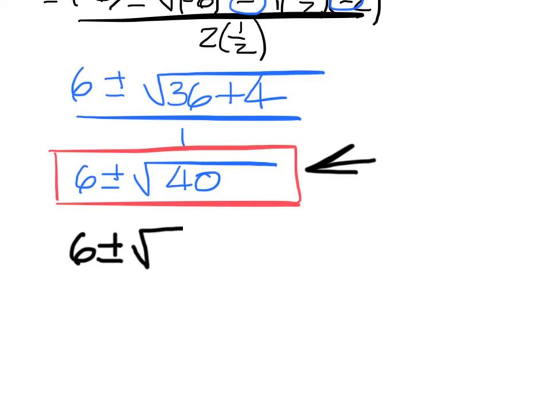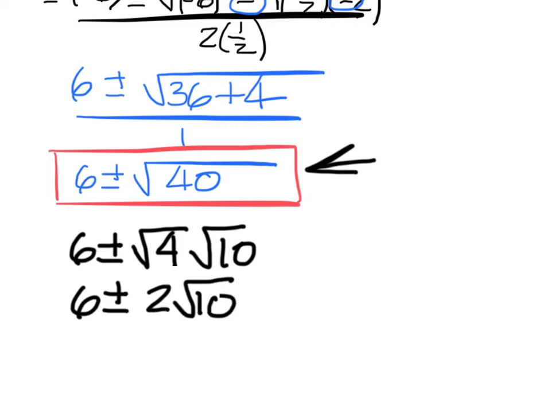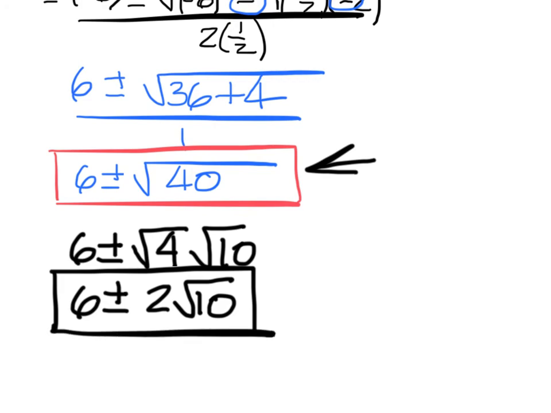So I would have square root of 4 times square root of 10. What's the square root of 4? Square root of 4 is not 16. It's 2. Square root of 4 is 2. This is another way you could simplify the answer there, like that. For right now, I'll go ahead and take this.